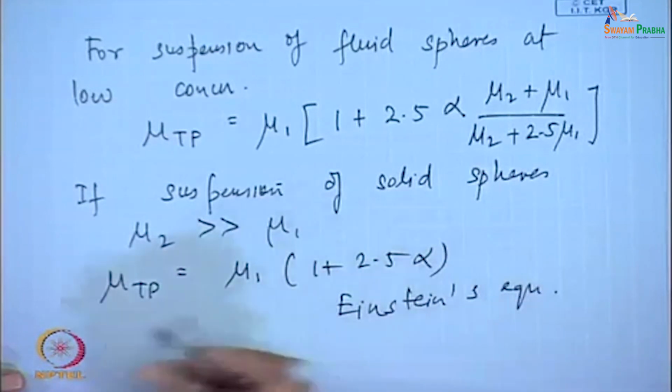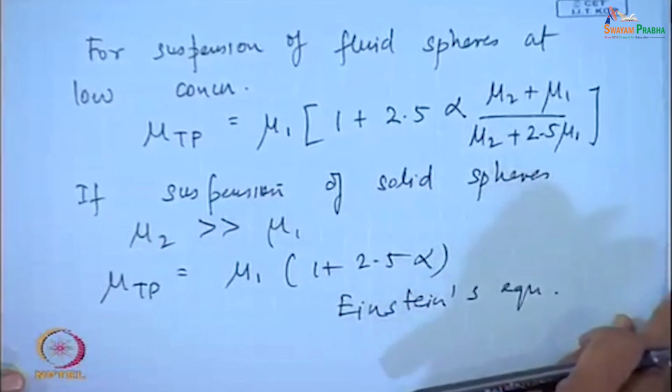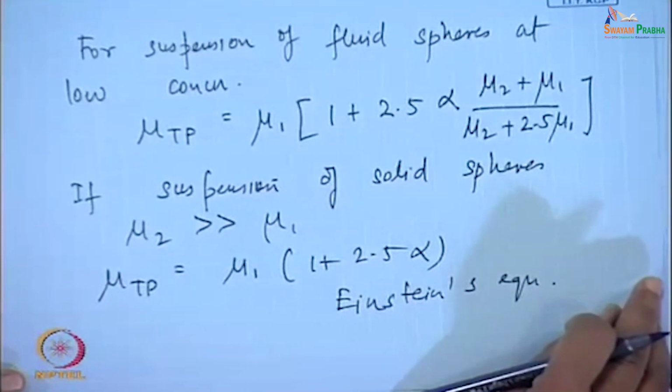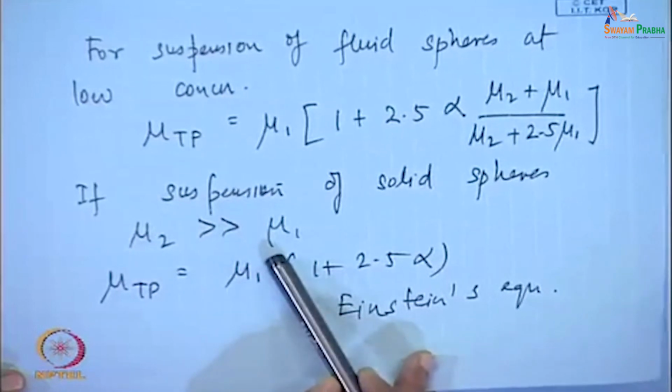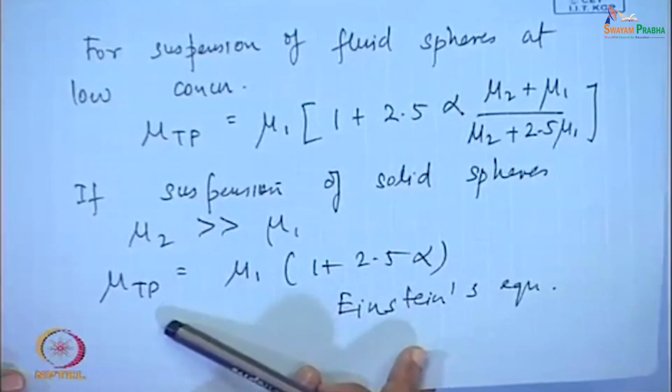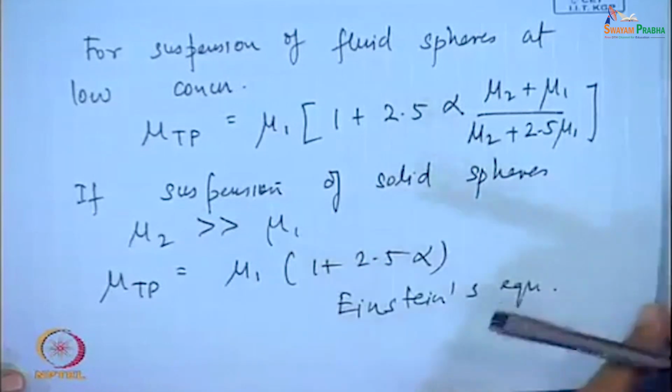In a similar way, if the suspension consists of say bubbles, in that particular case your mu 1 will be much greater than mu 2, yes or no? So, just see for that case what is the expression of your effective viscosity. Okay.